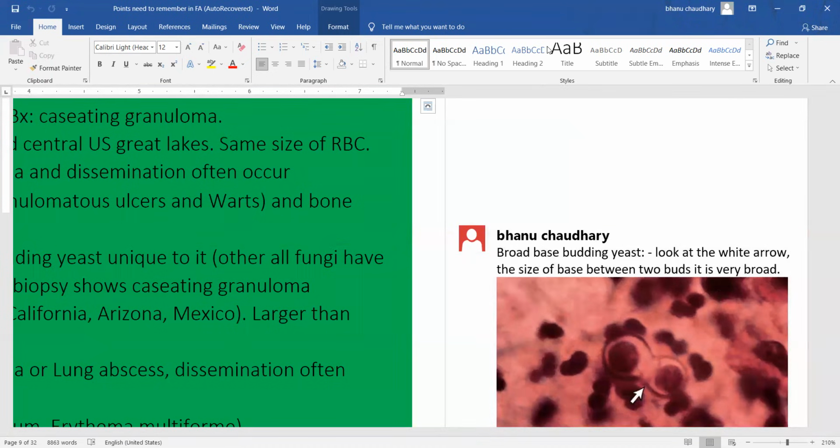Generally, when the budding happens, like in case of histoplasmosis or any other fungi, the budding happens like that. This is one yeast, and it has a very narrow base, and then the other yeast. But in case of blastomycosis, this base is very broad, like that. That's how you can diagnose this again. Broad-based budding yeast, very important.